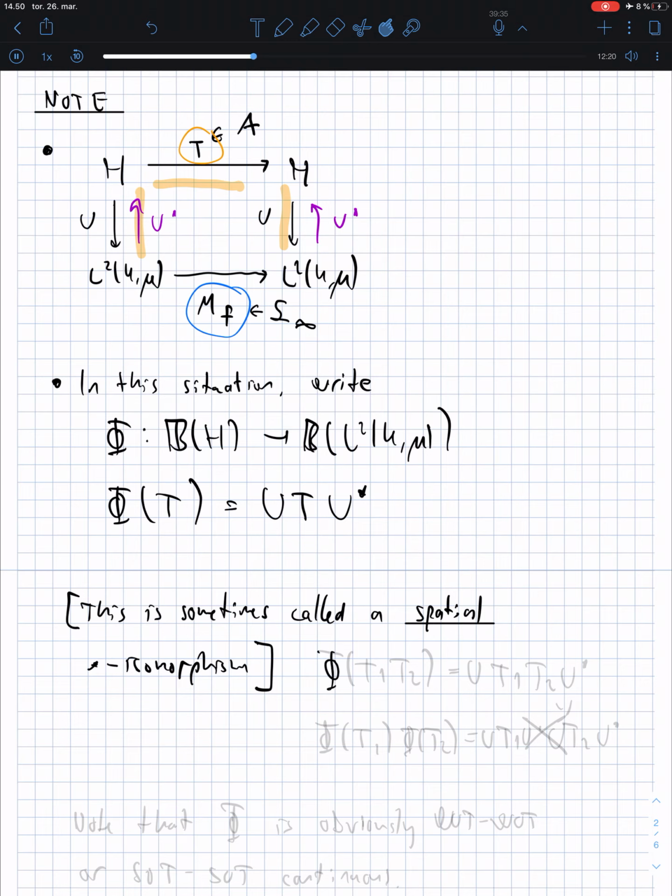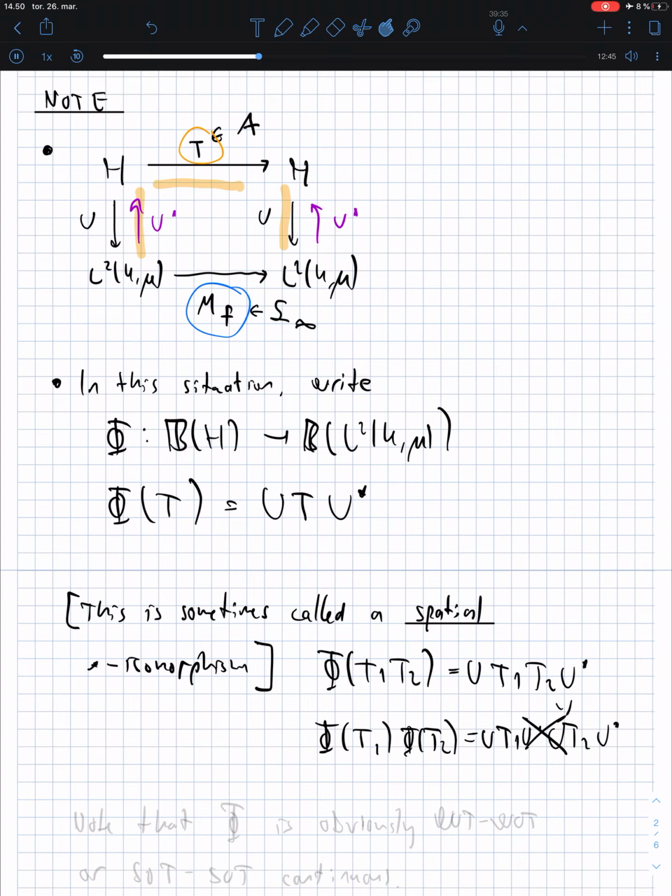So, for instance, what is phi of T1 T2? That is U T1 T2 U star. But what is phi of T1 times phi of T2? It is U T1 U star U T2 U star. But U is a unitary, right? So this cancels out, and that's the same.